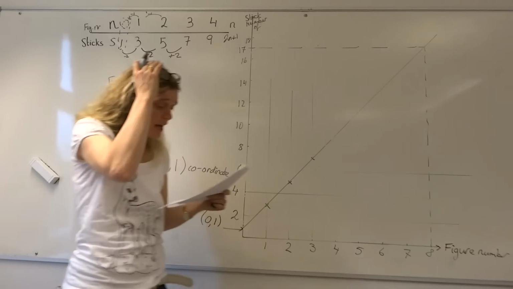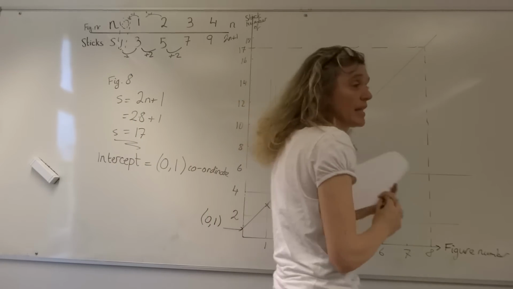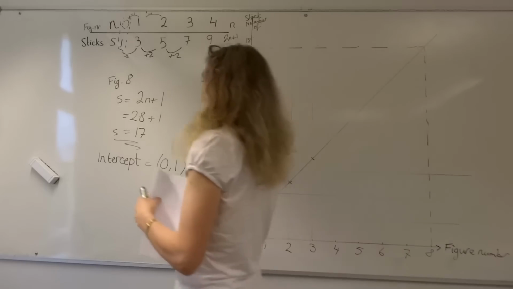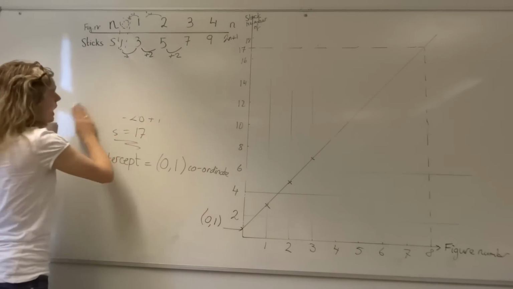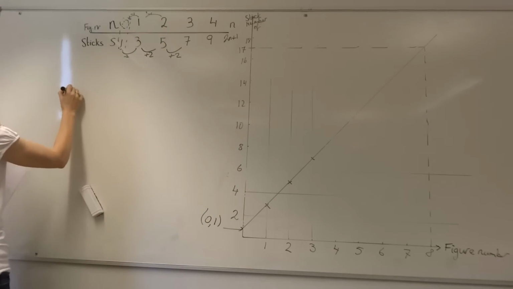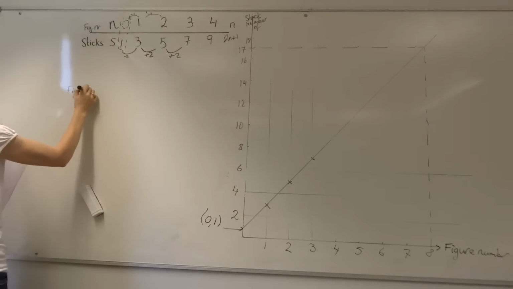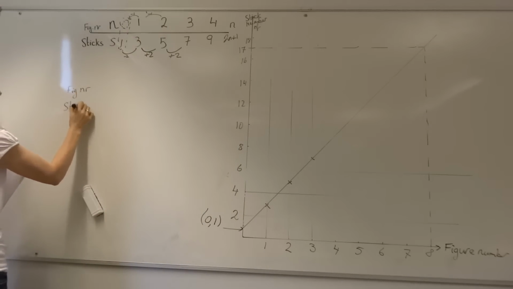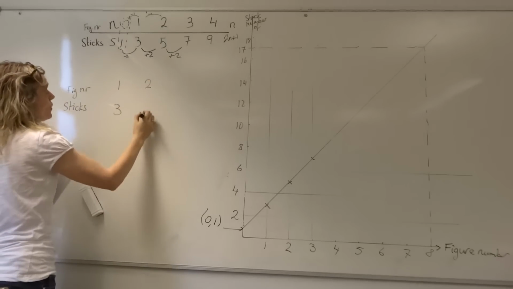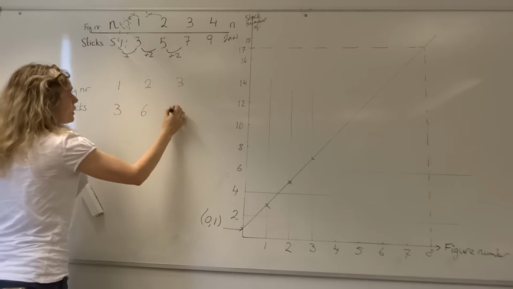Then it gave you another graph and another series, and it asked you, is either of these two graphs proportional? And when you look at the next figure number that they gave you, you again have figure number and sticks. But in figure number 1 you have 3, in figure number 2 you have 6, and in figure number 3 you have 9.